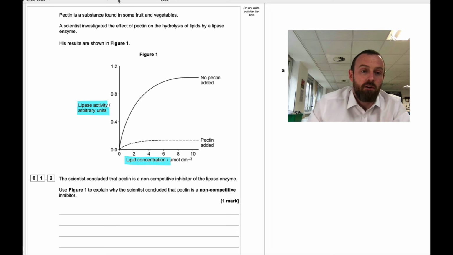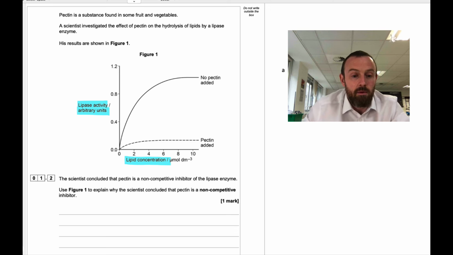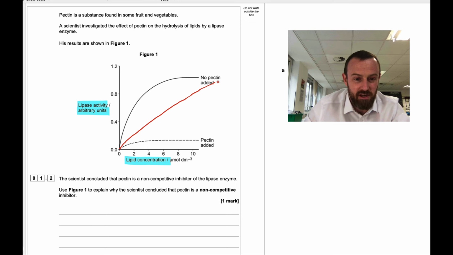Now this graph should scream non-competitive inhibitor for you, because you need to remember that if pectin was a competitive inhibitor, not a non-competitive inhibitor, then the graph would be looking more like this and would eventually reach the same level as without any inhibitor.